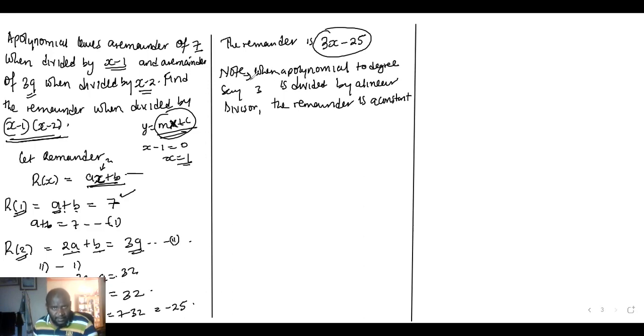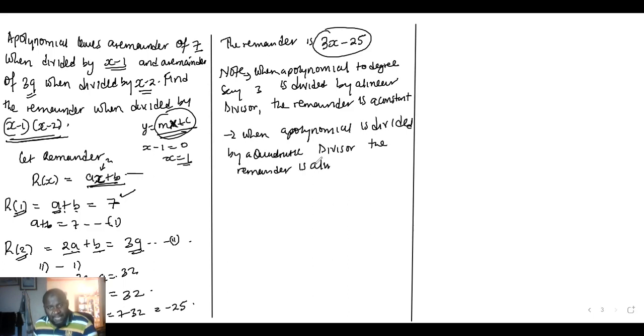That is not 1. Not 2. When a polynomial is divided by a quadratic divisor, the remainder is what?